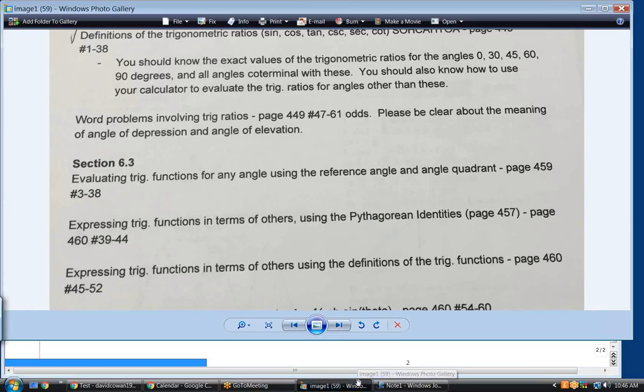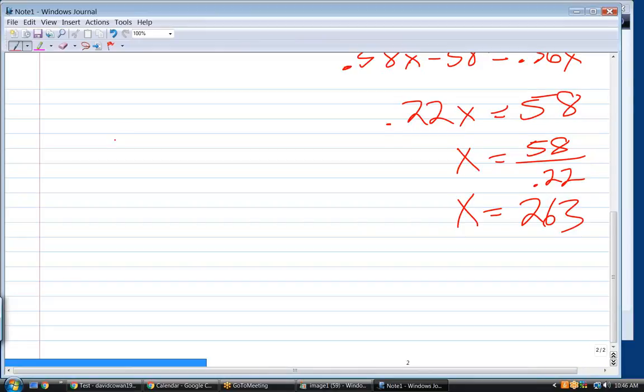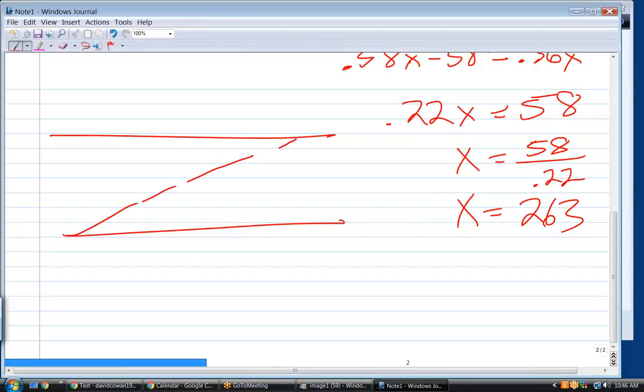Have a look at this thing again. What's the angle of inclination? Just 2. Yeah, 2 and 4. In other words, 2 and 3.